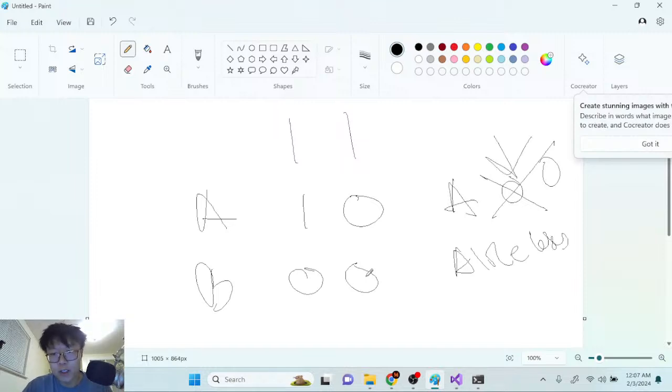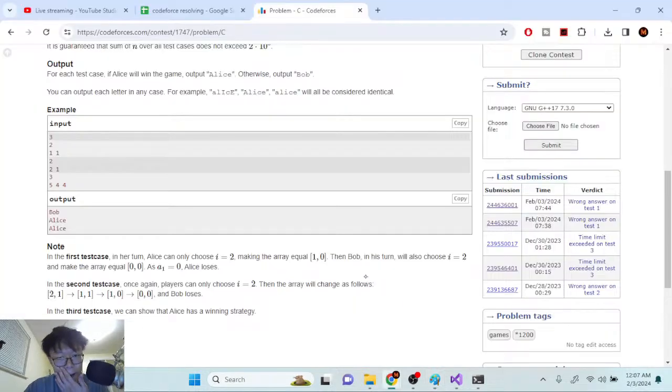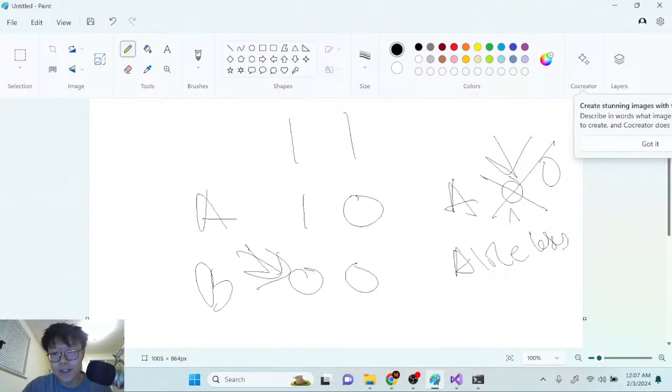Because on her turn, it hits 0. Bob's last turn was 0, 0, but since that was on his turn, he didn't lose. On Alice's turn, it hits 0. So that's why Alice loses. And then Bob wins.